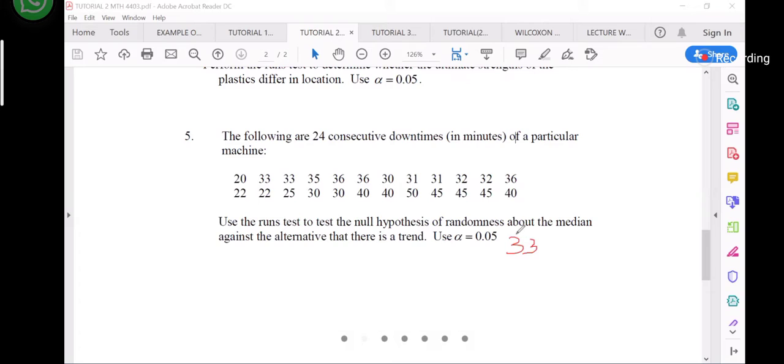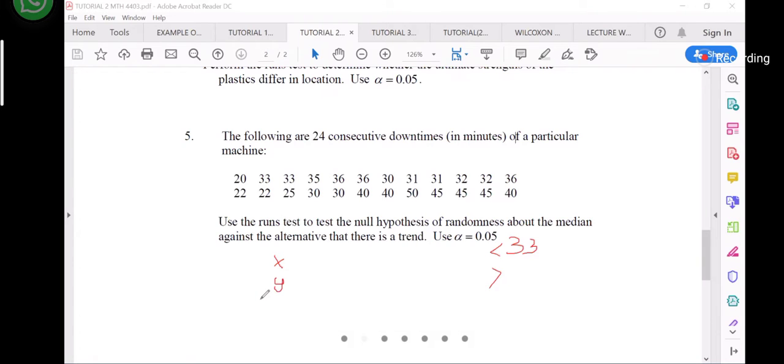Then you have to tell me which is X, which is Y, because if you do not mention, I do not know which one you want to use as X and which as Y. So let's say I assign X if the observation is less than the median, if less than 33. If more, I will assign Y.